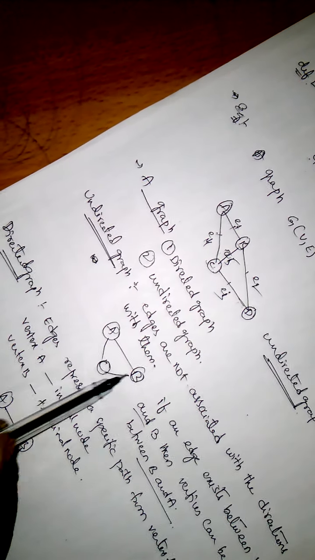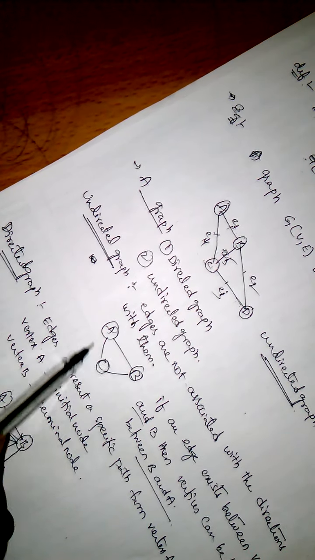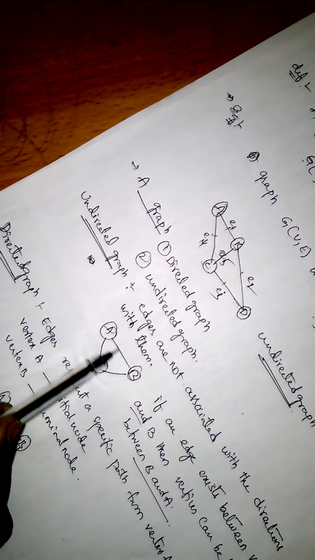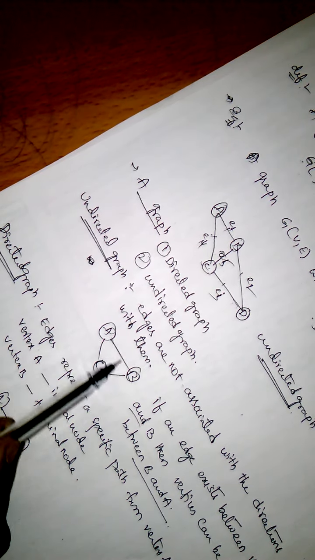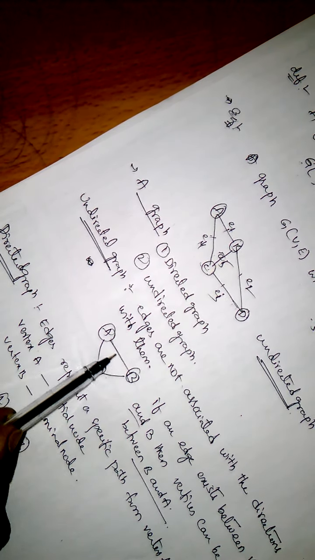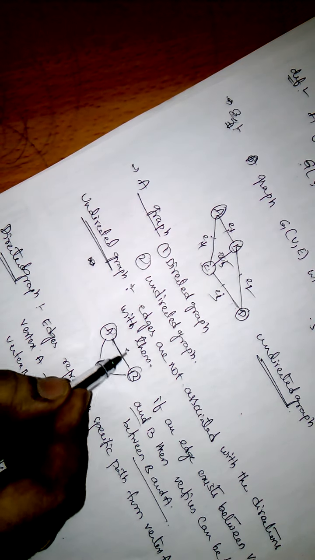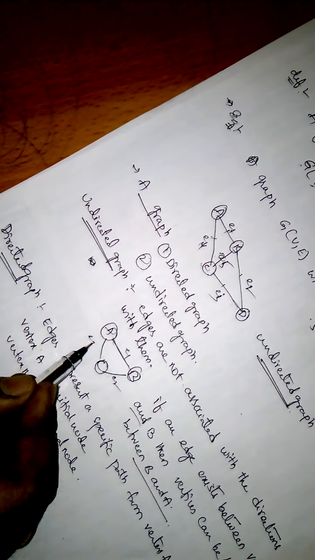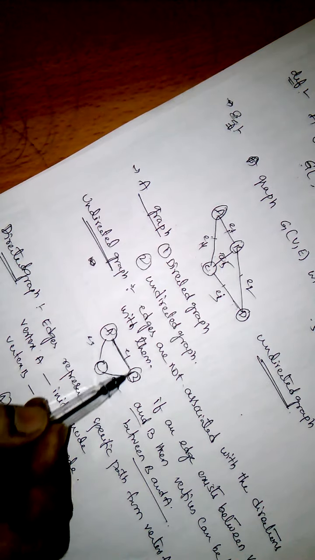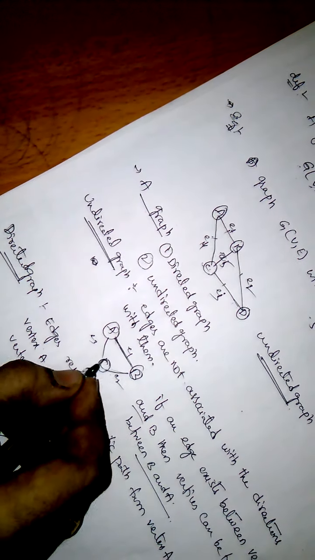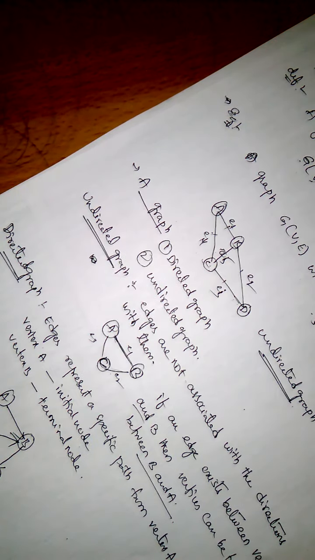This is an example of an undirected graph. Here A, B, C are vertices, with edges E1 and E2. No edge is showing any direction, so we call it an undirected graph.